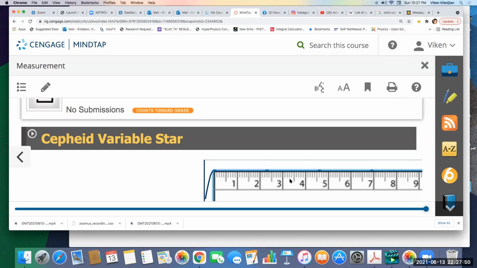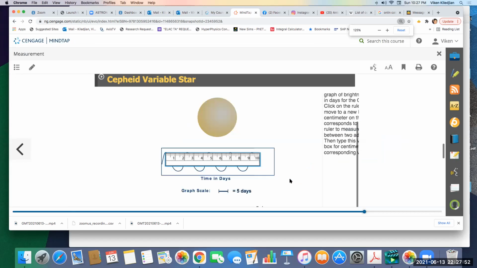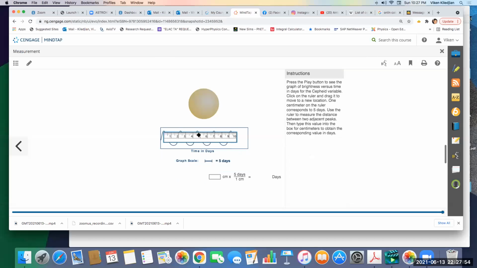Then you would take a snapshot of that ruler, and then put here 2.3 centimeters, and then they're already telling you that 1 centimeter is 5 days, and then you make the calculation how many days it takes for this Cepheid variable to go from one bright to the next bright, you see.